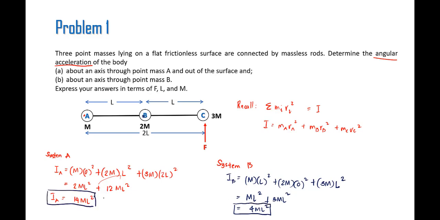Okay, so we have to take note of this. Since our target variable is the angular acceleration, we will use this equation, or we have torque. Recall that torque is equal to I multiplied by the angular acceleration. Therefore, we can get the angular acceleration by taking the ratio of the torque and the moment of inertia.